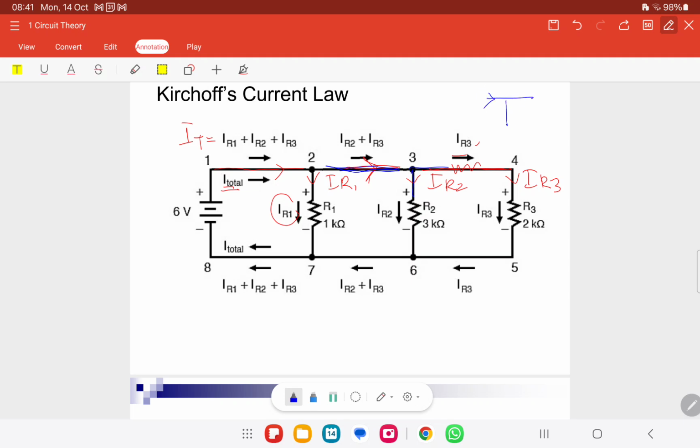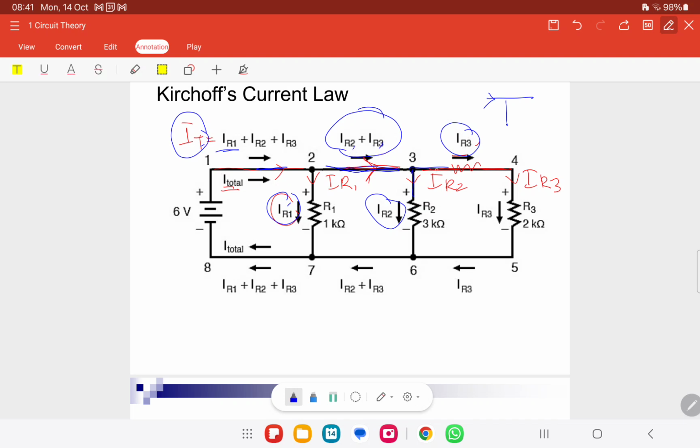So yang masuk adalah combinations of this one with this one kan. So this is combination dia. Okay, and for here sama macam tadi, meaning that yang ini tambah ni dapat this one, I total. Okay, IR1 plus IR2 plus IR3 equals to I total.